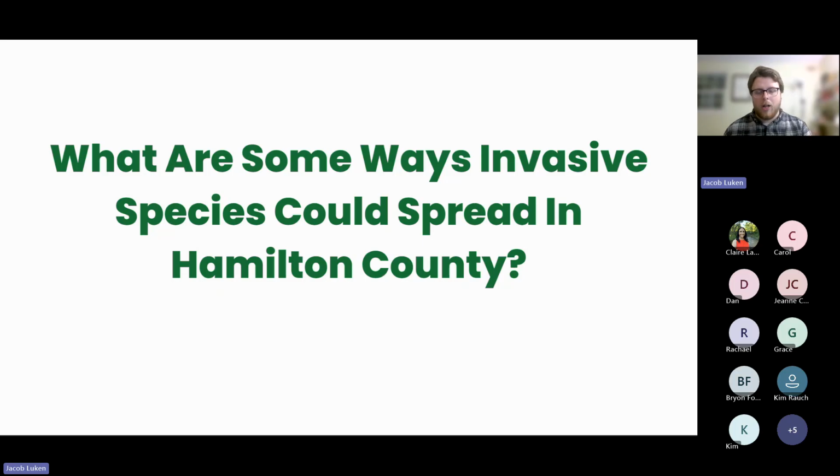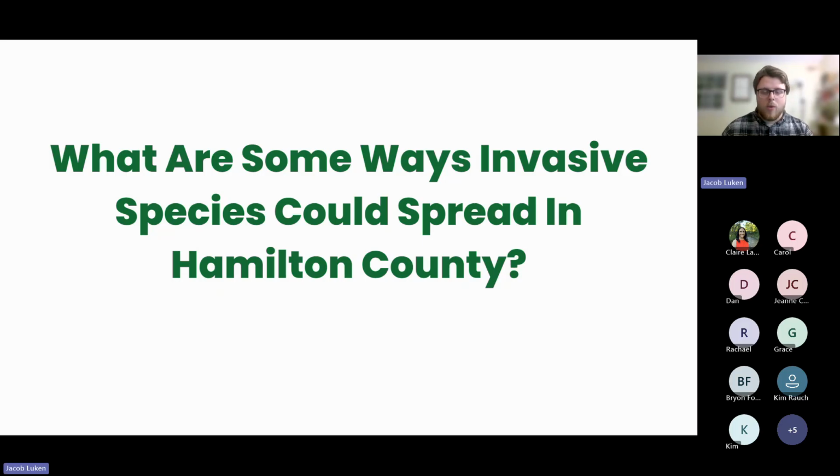So those could bring invasives on those tires and just on the cars themselves. We've got a lot of horse traffic and horse trails in the county. So just like pet paws and deer, horses can transport invasives as well.